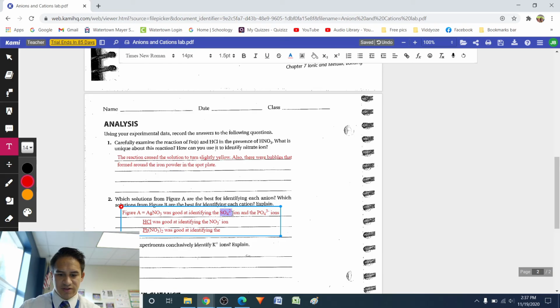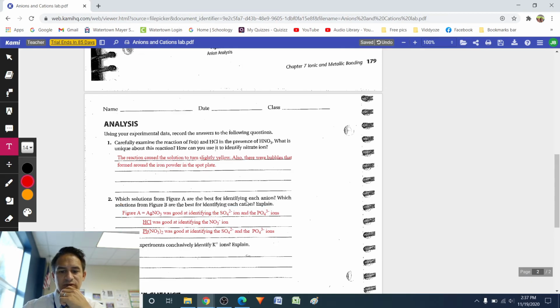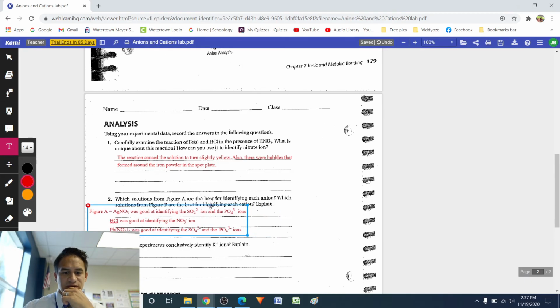So we're just going to copy paste here. So copy paste there, and here. Okay. And then for figure B, and maybe we'll move this text over a little bit.